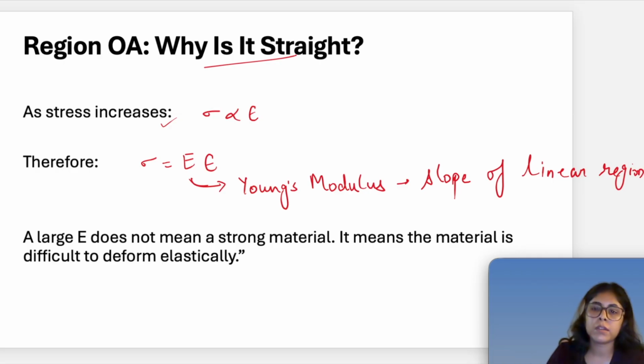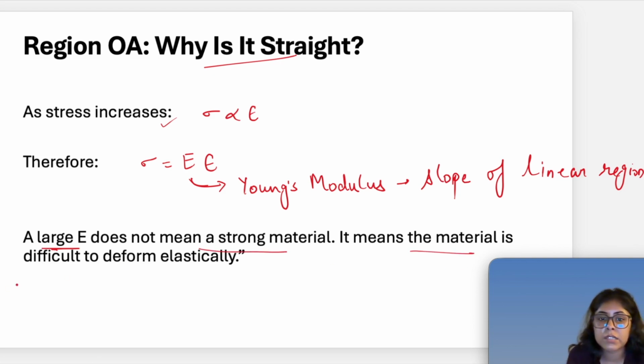But also we can see that a large E does not mean a stronger material. It means the material is difficult to deform elastically.